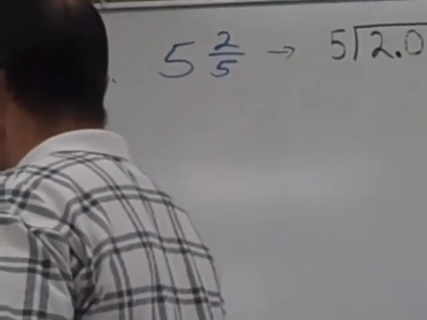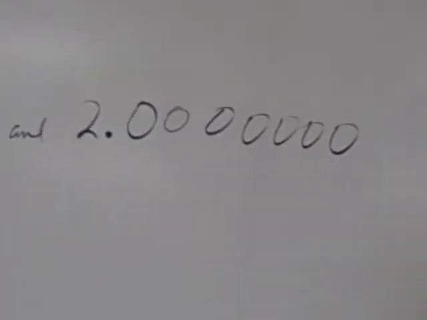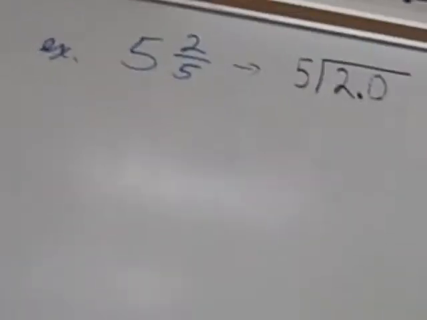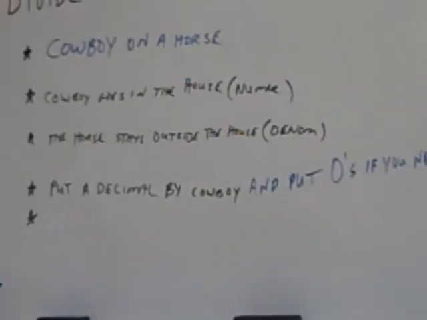I think those mean the same thing. What about you? Yes. Okay, so we're okay with that. So you're okay with putting a decimal and a 0 to help us? Yes. All right. So we're going to put decimals by the Cowboy and put zeros if you need them. Is that all right? Yes, sir.